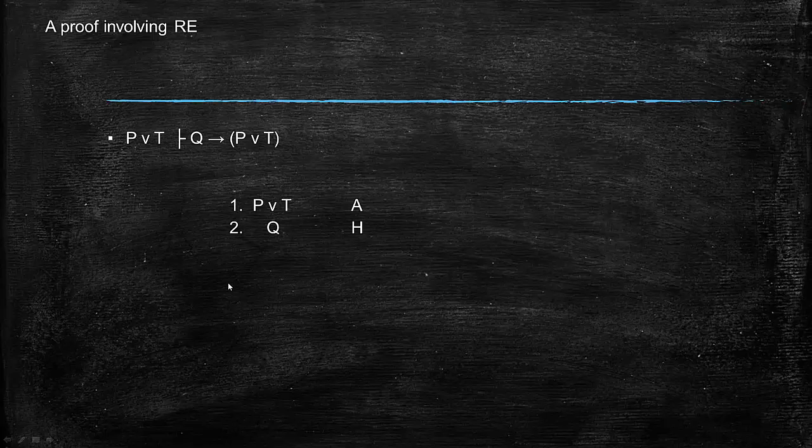But then what are you going to do? I mean, P or T is just sitting there, but you need to be able to write it below. And there's actually no rule prior to now that would allow you to write it below. So now you get to write it below. 1 by repeat, right? So we now know that if Q, then P or T.